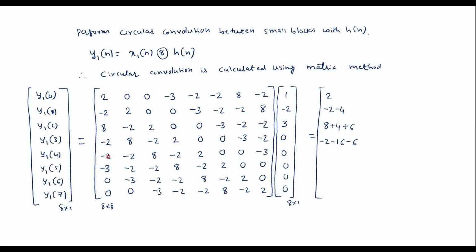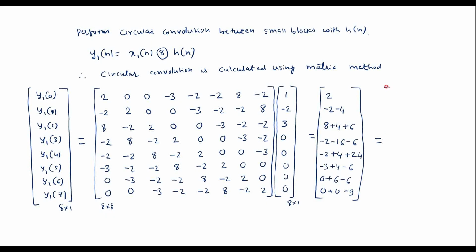Next minus 2 into 1, minus 2, minus 2 into minus 2 is plus 4, minus 2, plus 4, plus 24, rest all values 0.